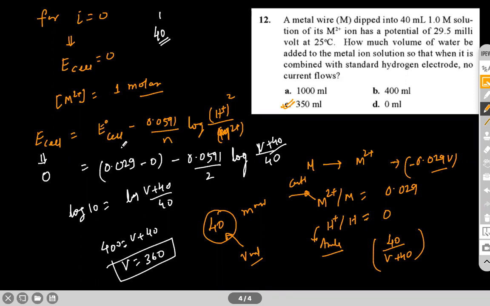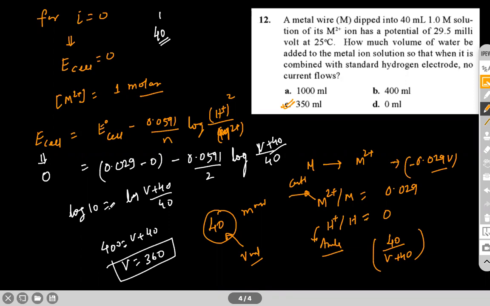E cell is E cathode minus E anode. Cathode is this ion because its reduction potential is more than that of hydrogen. So this minus this equals this, because for hydrogen it is 0. So when you solve this, we get log of V plus 40 by 40 equal to log 10, because this value is approximately 1, 0.03.